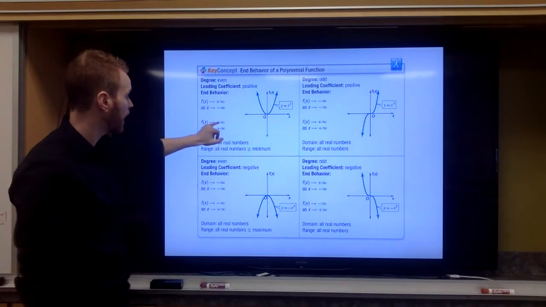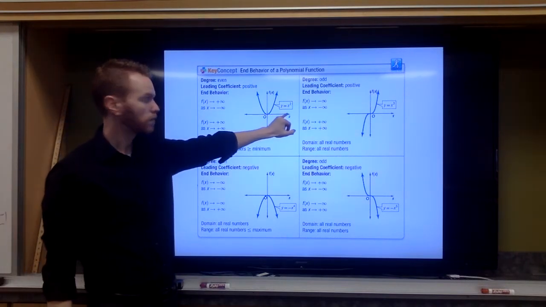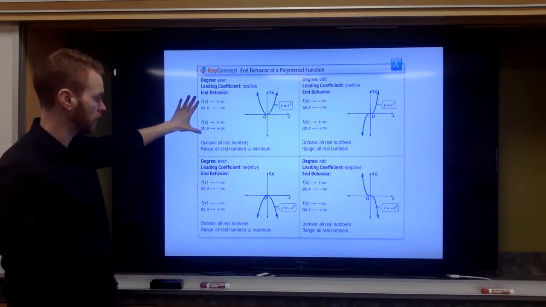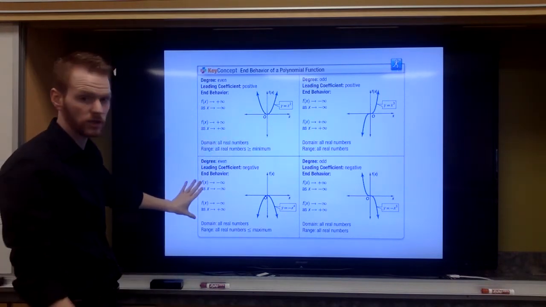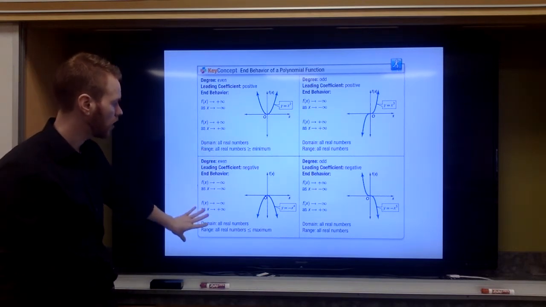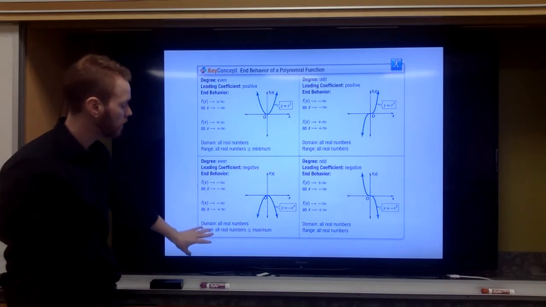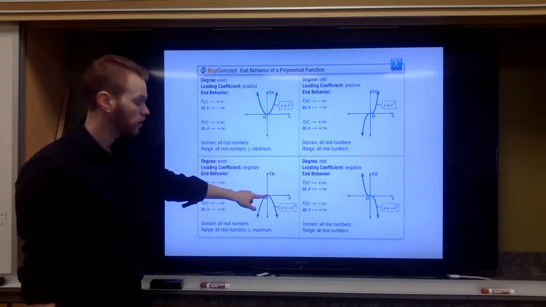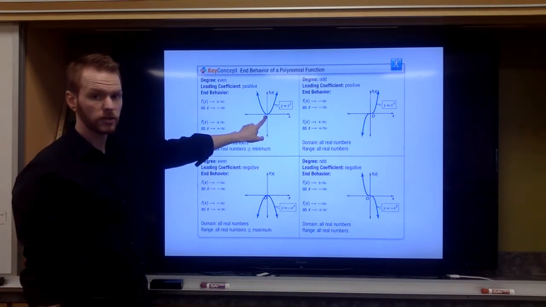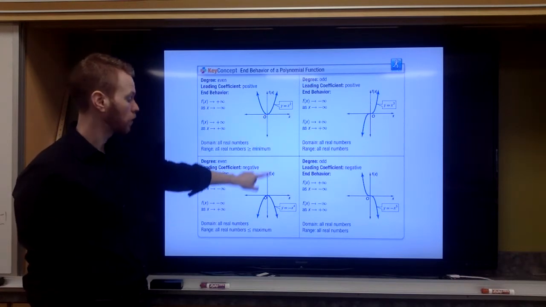Down here, as my x values go positive, my y values go positive. That's what this describes as the end behavior. When it's negative, it does change a little bit. Domains will be all real numbers, but your ranges depend on your y values. For a quadratic, it's your vertex, which would be your minimum or maximum, depending on what it is.